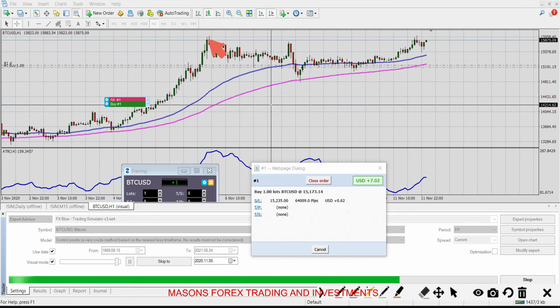If you look at what's going on here, we reach this level and then we seem to be moving in a type of range.